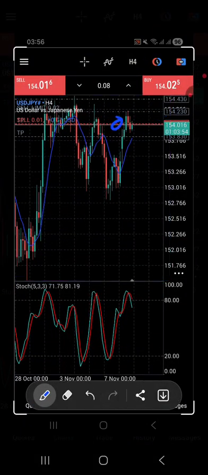So there's the original trade, there's a take profit. This is hedge level 1, and this is hedge level 2. 154.43, I believe, is the take profit. That's the take profit. The second hedge level is at 154.63 up here.